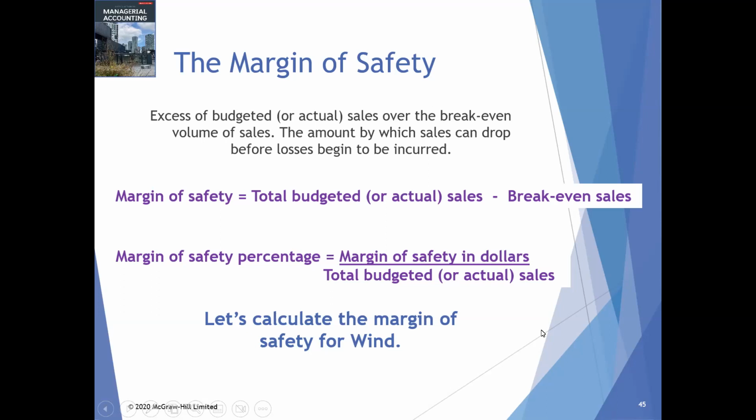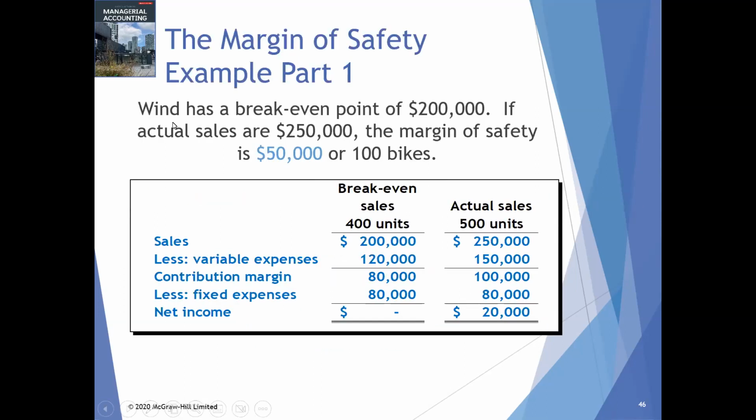So let's have a look. In this case, the company has a break-even point of $200,000. If the actual sales are 250,000, then the margin of safety is 50,000, or 100 bikes. What is the meaning of this? Let's say the unit sales are 500 units and break even is 400 units.